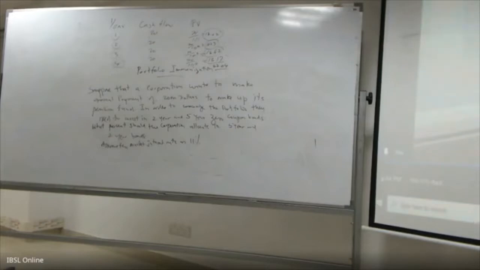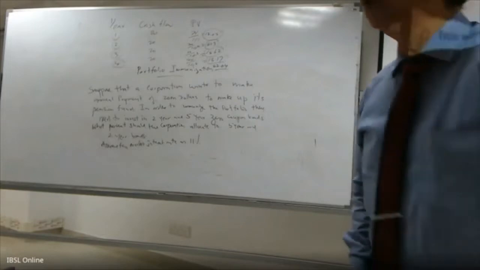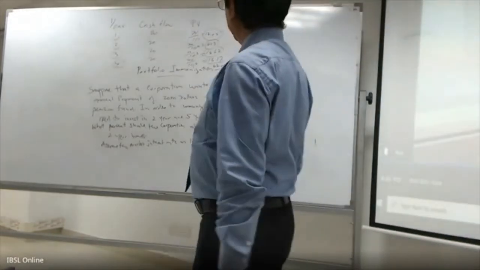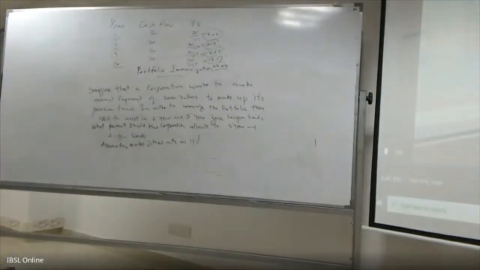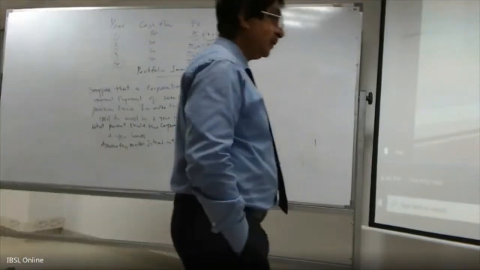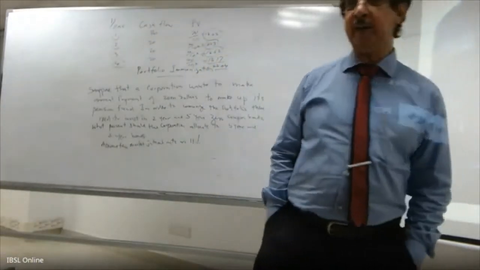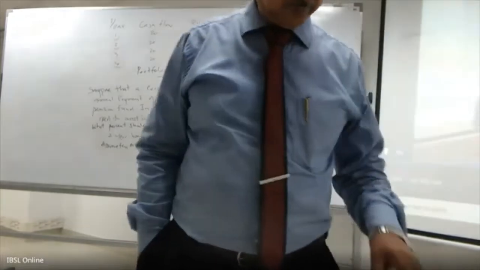The total comes to 62.04. Now, in our duration calculation, you have to multiply 1 with 18.02, 2 with 16.23, 3 with 14.62, and 4 with 13.17. And the whole thing is divided by 62.04.